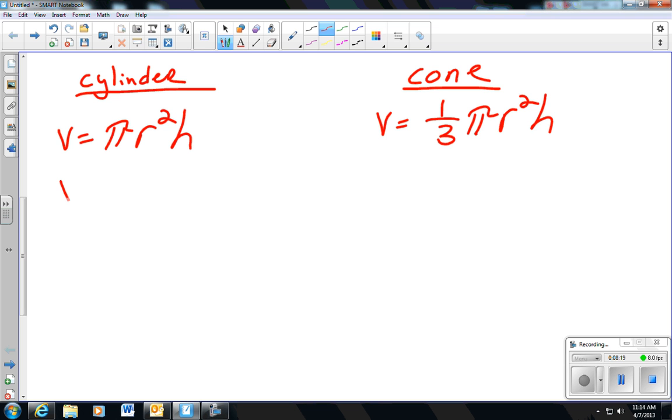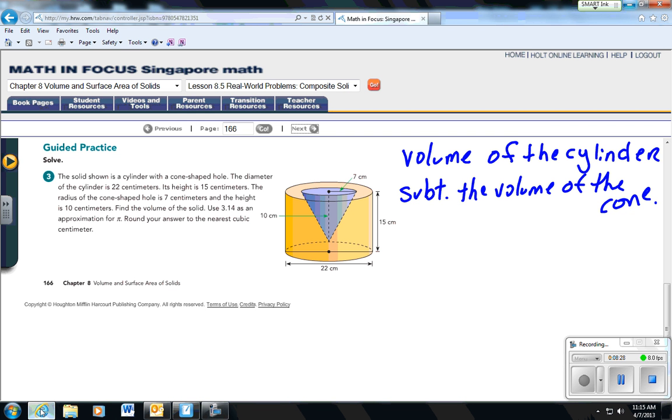For the cylinder, volume equals 3.14 times, we flip back to our drawing, the radius of the cylinder. It tells us that it's 22 centimeters all the way across, so that means that it's only 11 centimeters halfway across. So our radius is 11.